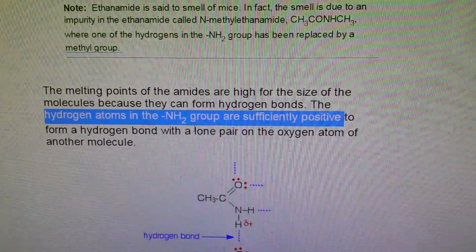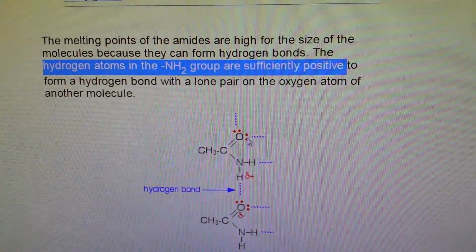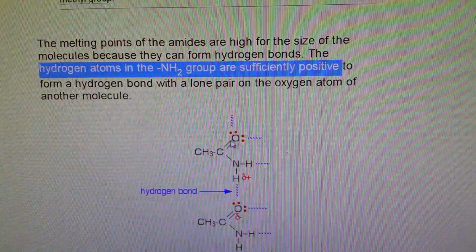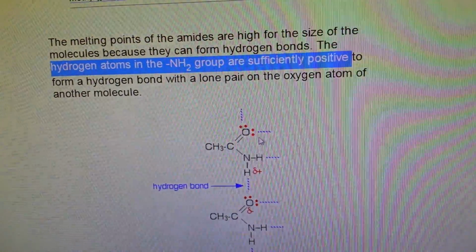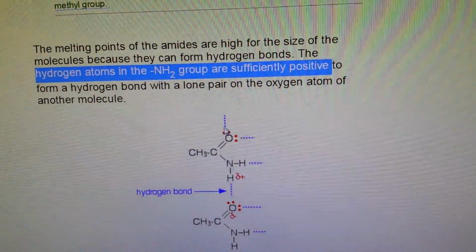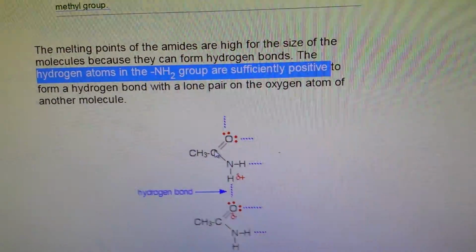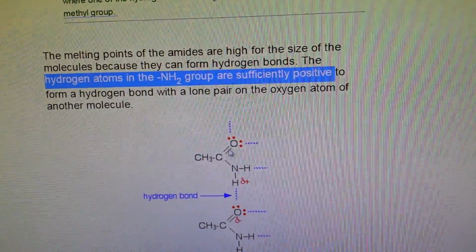So there is hydrogen bonding with a lone pair on the oxygen atom of another molecule. There are lone pairs on the amide. How many lone pairs? You can see 2 lone pairs. Why 2 lone pairs? Oxygen has 8 electrons. The first shell has 2, and the next has 6. So the outermost shell has 6 electrons.